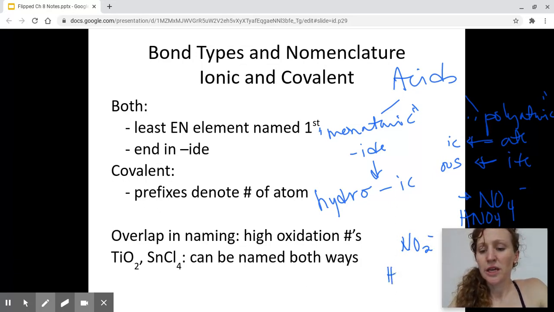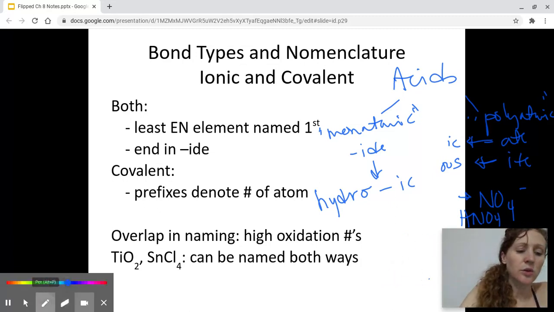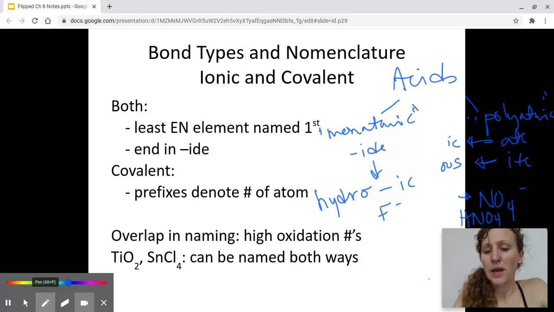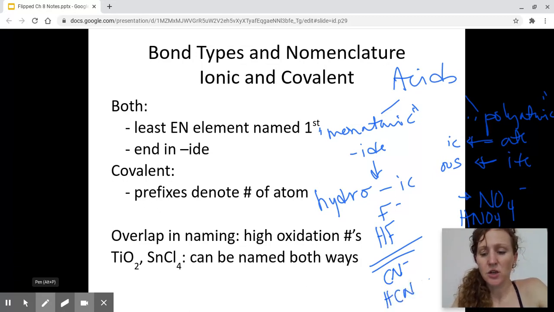If you turn that into an acid, it would be nitrous acid. And a couple examples from the hydro-ic side of things: F minus is the fluoride ion, so HF would be hydrofluoric acid. Same thing with CN minus, that's cyanide. If you turn that into an acid, HCN, it would be hydrocyanic acid.